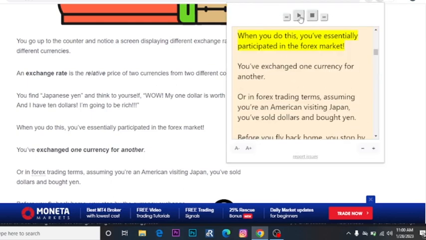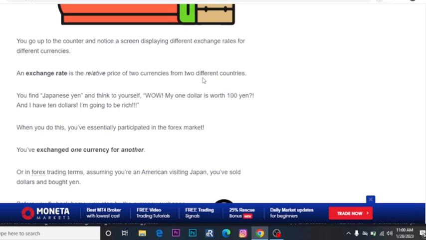So in this case, let's say $1 is worth 100 yen. So if I have $10, that means in the Japanese currency I will have 10 times 100, so that's 1,000 yen.